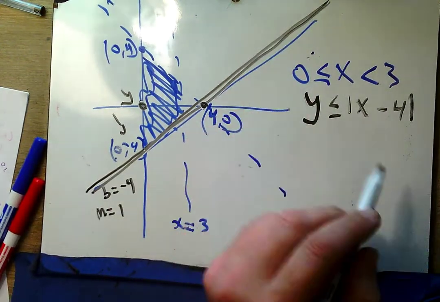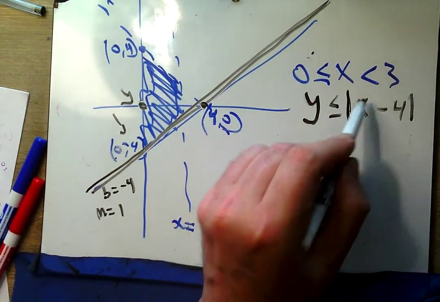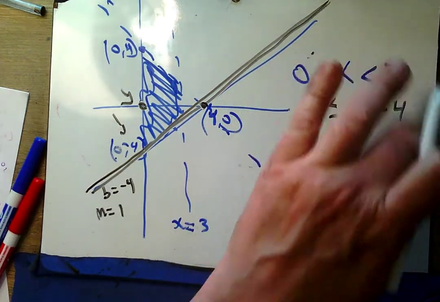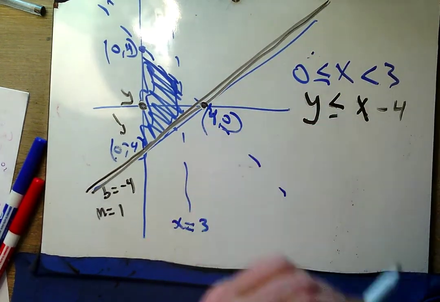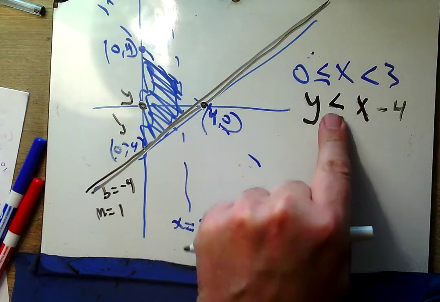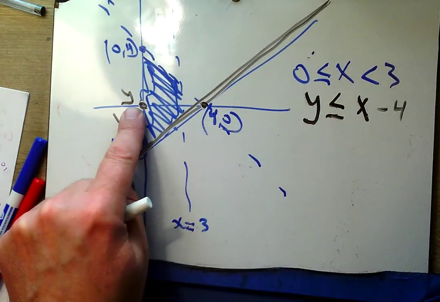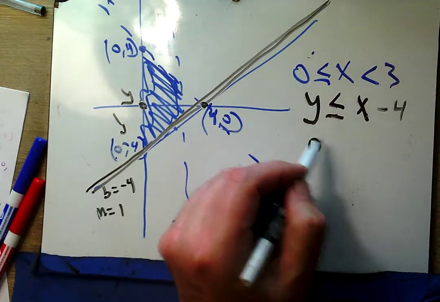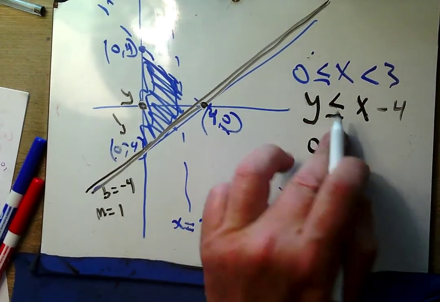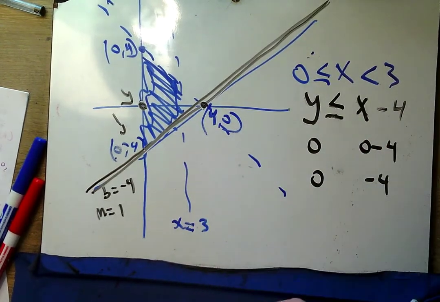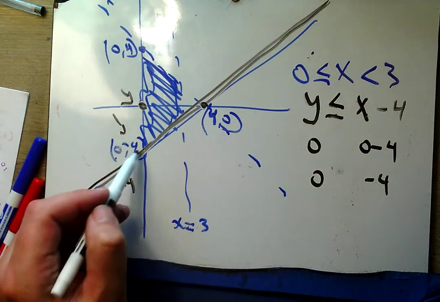Again, we're going with, what? No, it's not absolute value. Thank you. That's much better. We're going with this less than because when we plugged in 0, 0, we had 0, no symbol, 0 minus 4. So we had 0 and negative 4, this one.